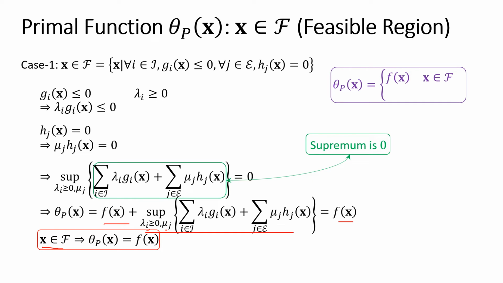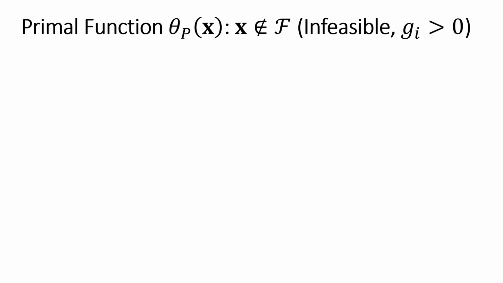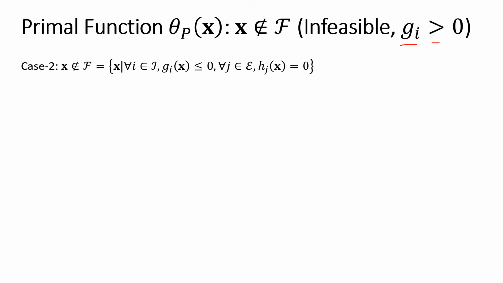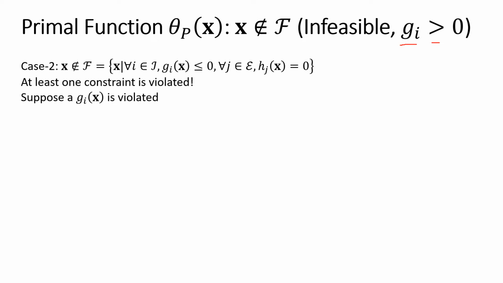Now let's move on to the next part, when x is infeasible. When x is infeasible, infeasibility could arise due to two cases: one is when an inequality constraint gi is greater than 0, or when hj is not equal to 0. Let's look at the first situation, where the infeasibility arises because at least one constraint is violated, and that constraint is a gi, an inequality constraint.